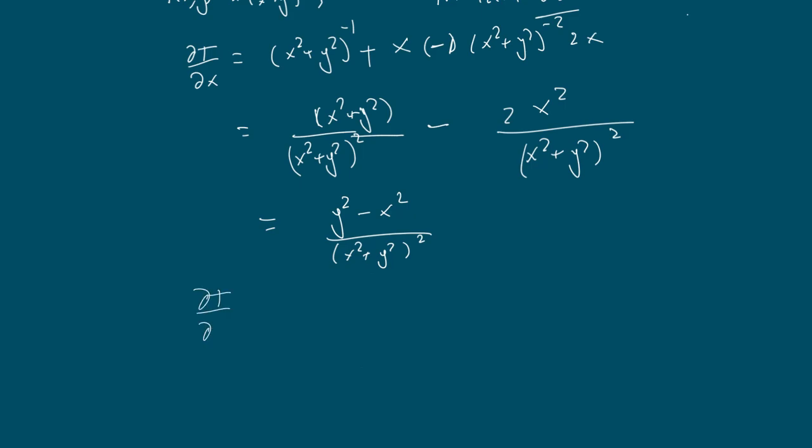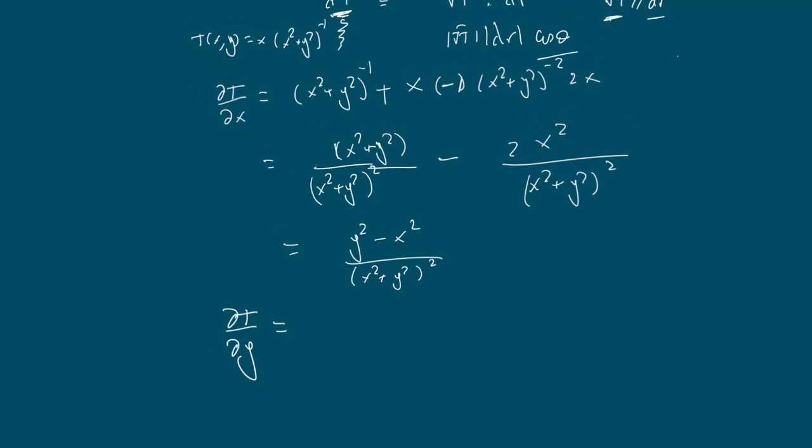Now we find the partial derivative of T with respect to y, because T of x, y is here. So the partial with respect to y will be x multiplied by minus (x squared plus y squared) to the minus 2 by 2y.